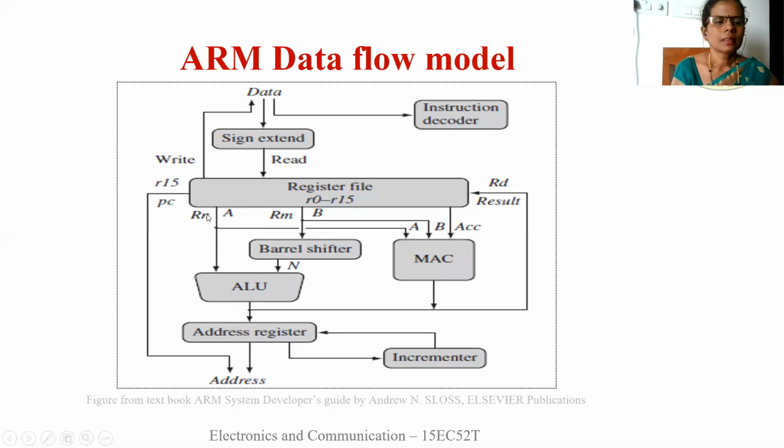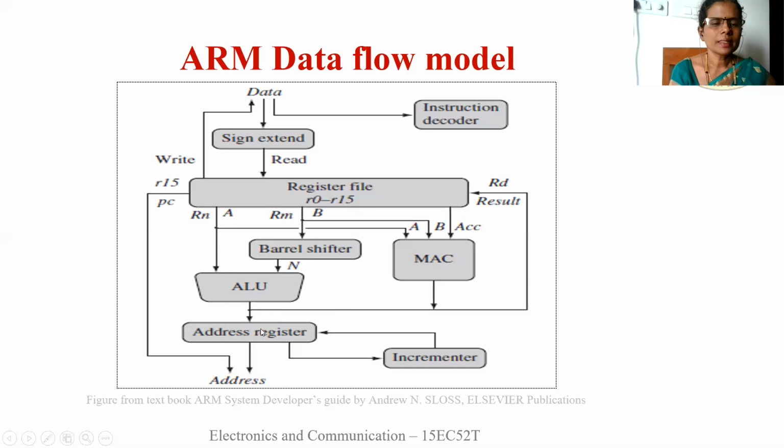On the A bus, the register used is Rn. On the B bus, the register used is Rm. Rm goes to the barrel shifter. After the barrel shifter, Rm becomes N and Rn remains the same, and these two go to the ALU. After the ALU, the result goes back to the register file. It is marked here as result and Rd.